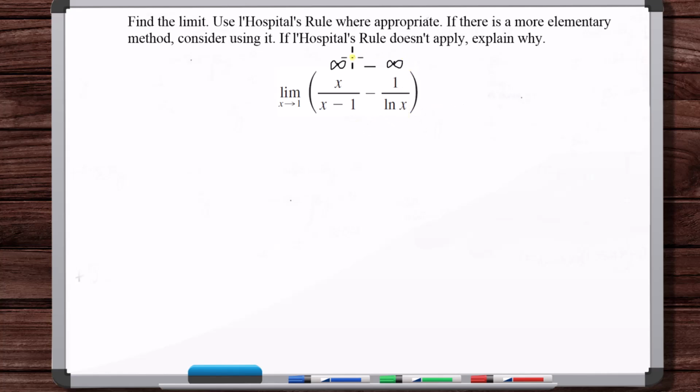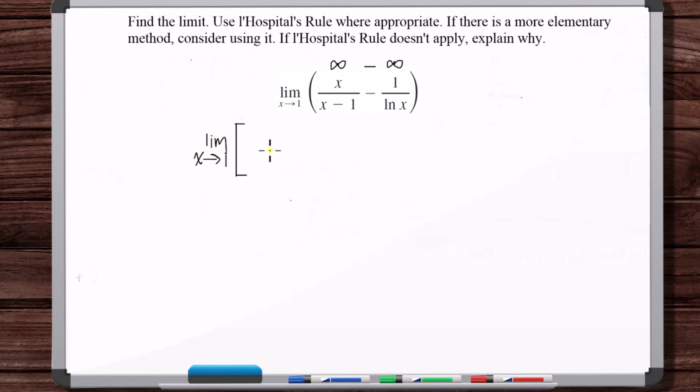Well, the idea is we potentially want to put them in a form where it's one single quotient. Like, use common denominators to combine the fractions. And from there, you potentially would get an indeterminate form of 0 over 0 or infinity over infinity, and you can use L'Hopital's rule. So let's do that. That's the general strategy.